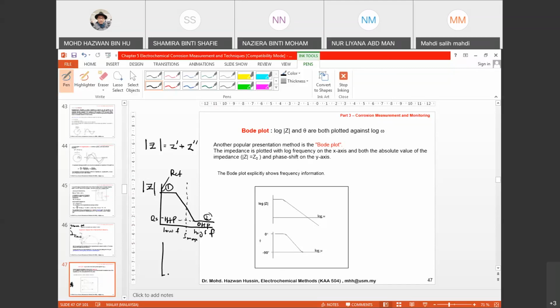Another plot is basically phase angle versus frequency. You get a peak like this. The optimum point over here is known as the max.